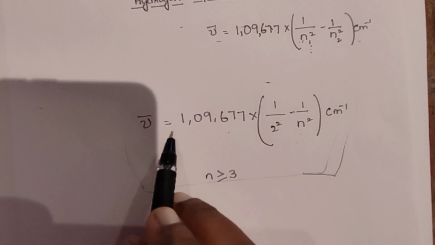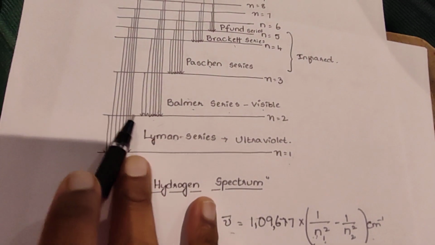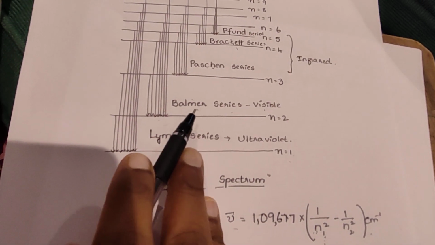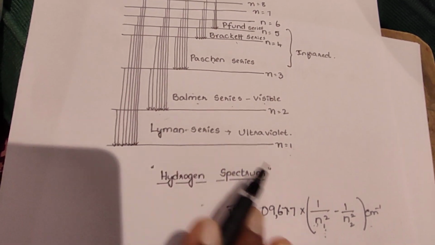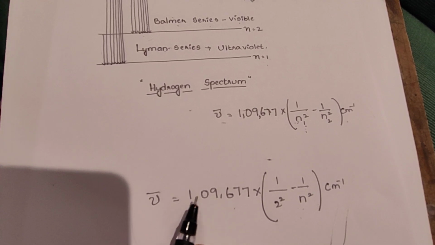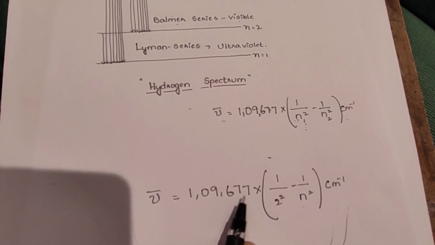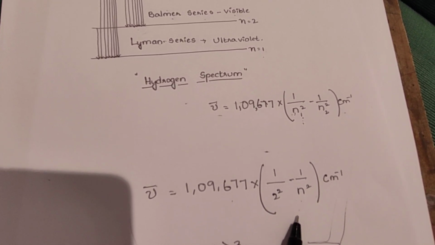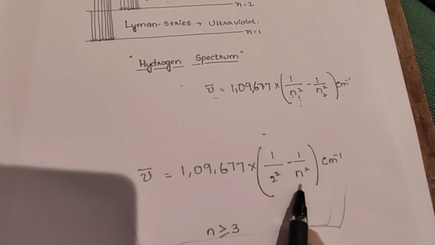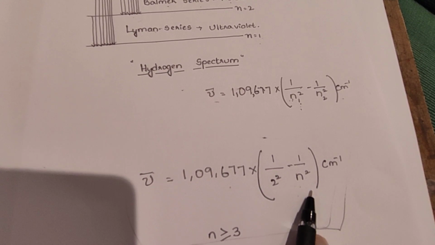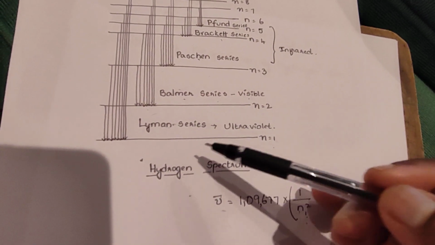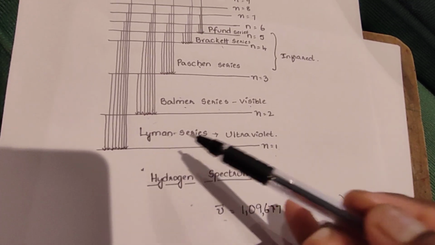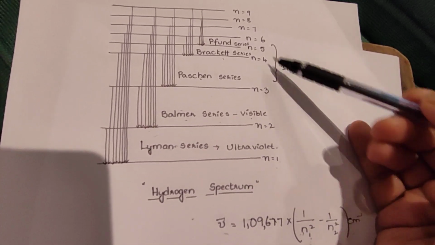That is, these spectral lines give a wave number equal to 1,09,677 into 1 by 2 square minus 1 by n square. Here n is greater than or equal to 3.